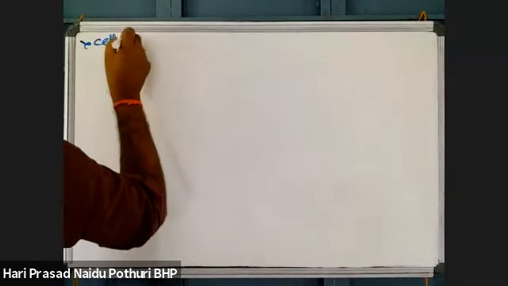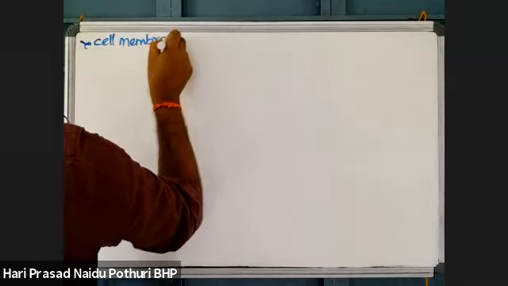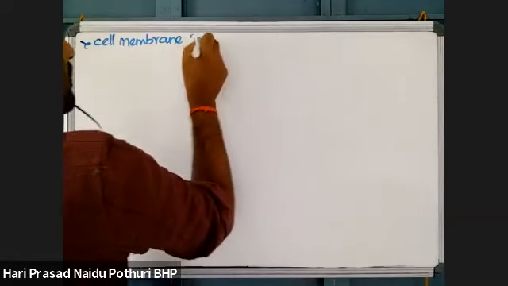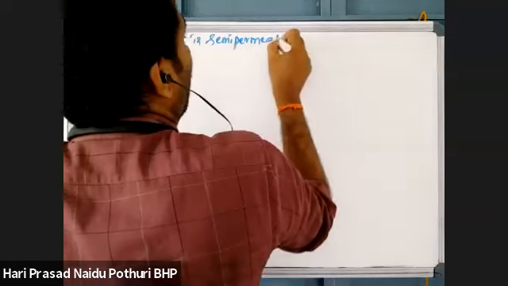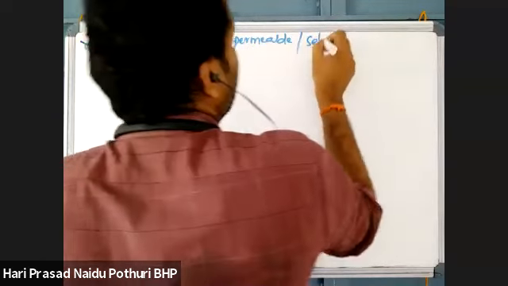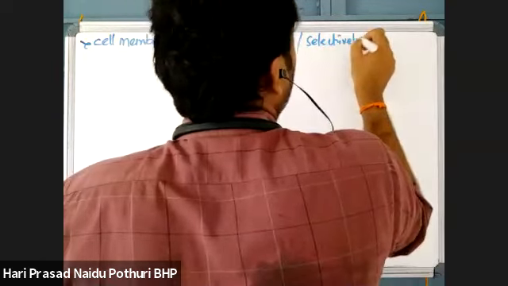If you see here, the cell membrane is semi-permeable or selectively permeable in nature.